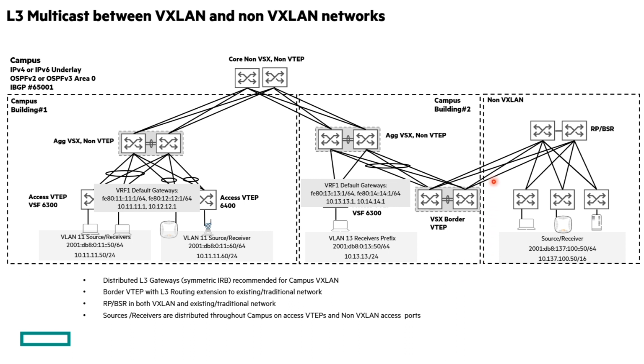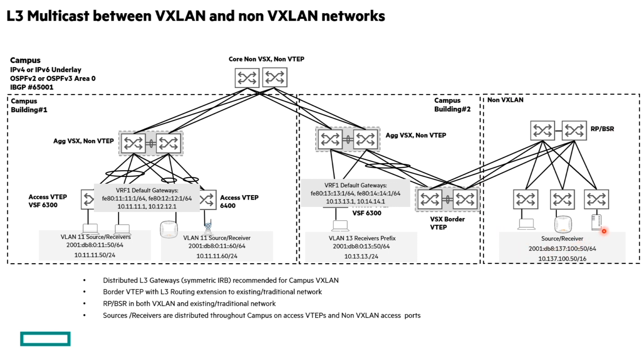So here in campus building 2 we have this VSX border VTEP, which is connected to a non-VXLAN network, which happens to have the rendezvous point and bootstrap router. So we can accommodate having both a rendezvous point and bootstrap router in the non-VXLAN network.